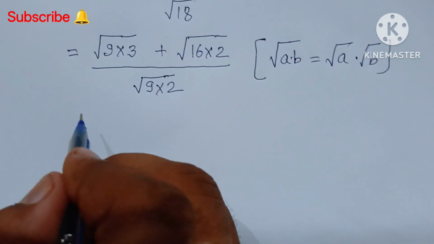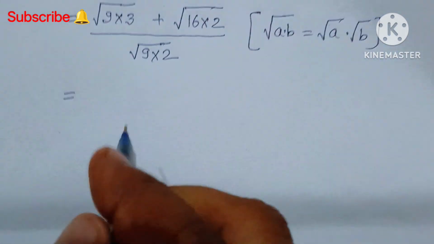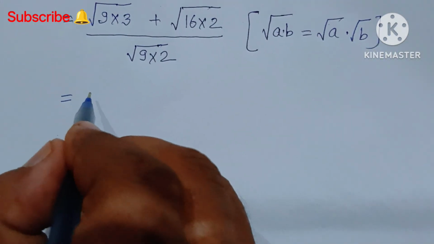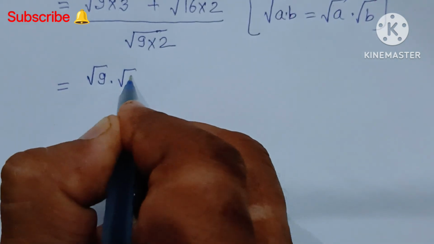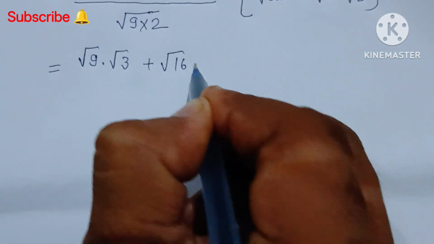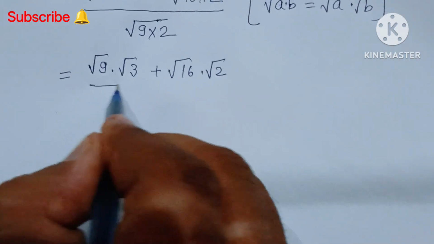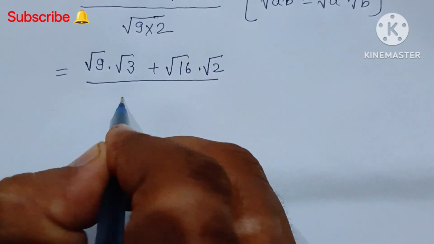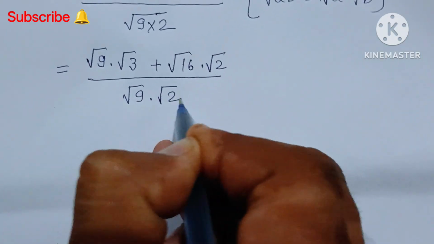We can apply this here. Now, under root 9 into under root 3 plus under root 16 into under root 2, divided by under root 9 into under root 2.